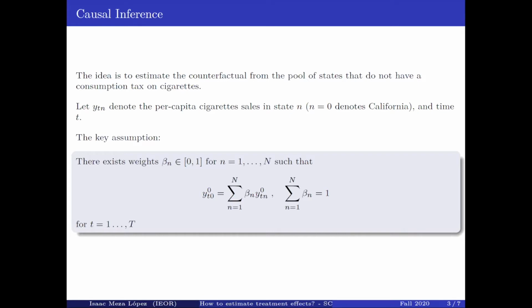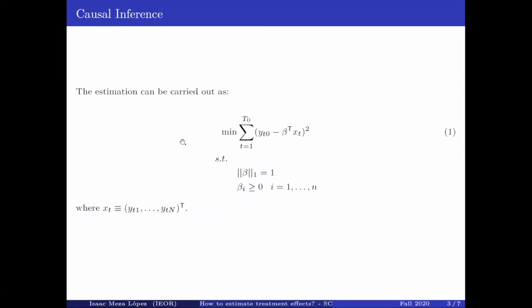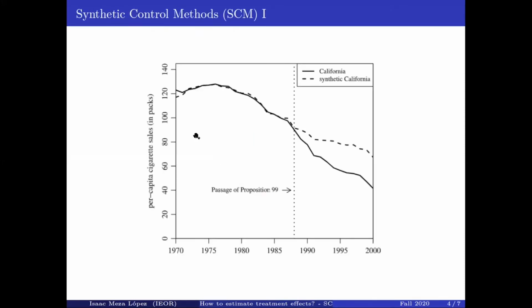So our key assumption is that we are going to be able to estimate a synthetic California based on certain weights that we're going to solve from an optimization problem. Now that we have constructed a synthetic California, we can see that we have a deviation between our synthetic California and the actual California, and we can estimate the difference to be the effect of this policy.